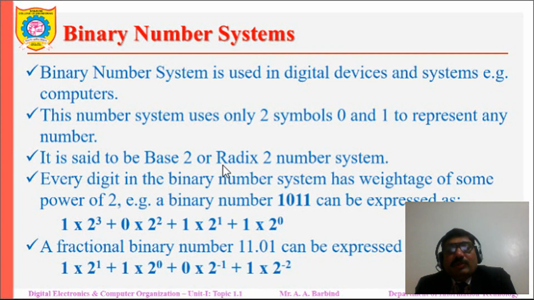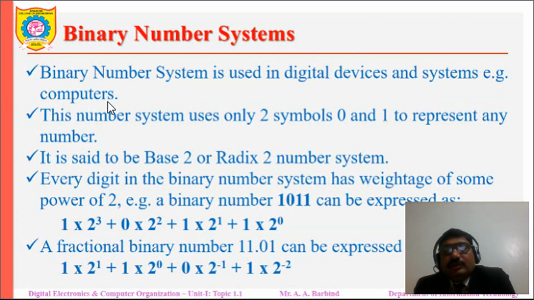There are other number systems also which can be used for representation of numbers. For example, there is a binary number system. This binary number system is extensively used by digital devices and systems, for example, computers.